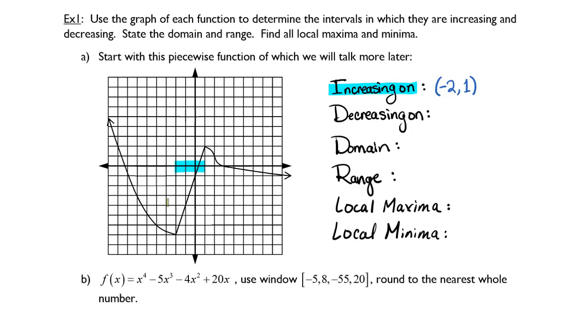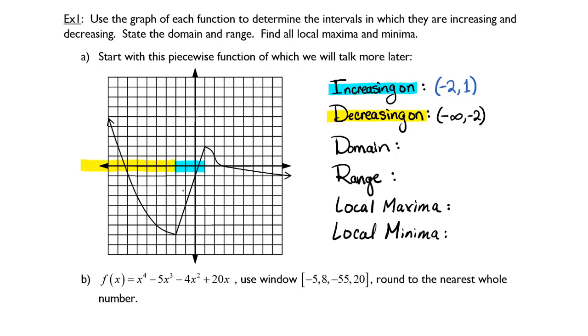Now I'm going to look at where the function decreases. The function decreases anywhere left of -2, because as I work from left to right, the graphed curve is moving downwards. So it is decreasing on the interval from -infinity to -2.